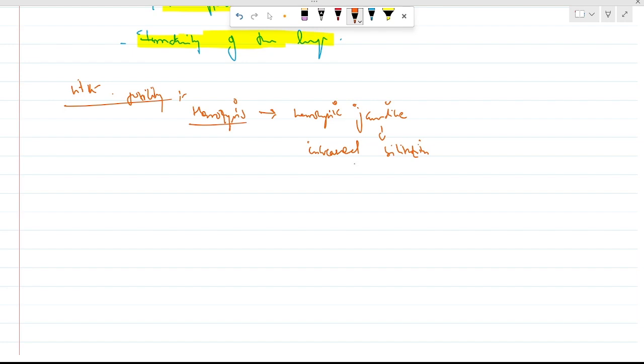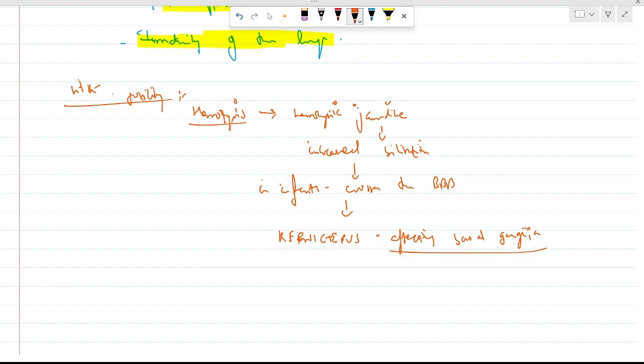in the bloodstream. This bilirubin in infants, remember, crosses the blood-brain barrier. In infants, it crosses the blood-brain barrier and causes a condition called kernicterus, affecting the basal ganglia.